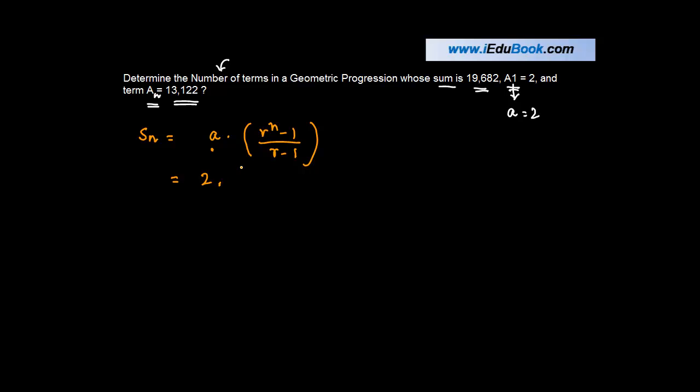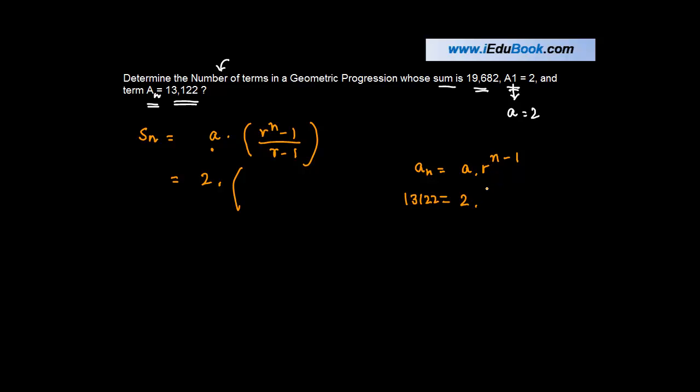That is equal to 2. You're also given that a to the power n is equal to 13122. Now a to the power n, I've used a capital N here, but it doesn't make a difference, can be written as a times r to the power n minus 1, right? Now a we know is 2 and the value of this term is 13122. 2 times the common ratio.